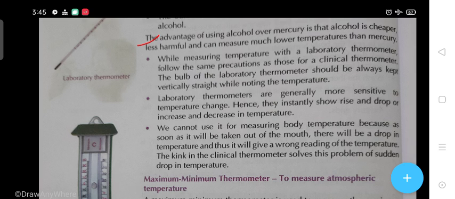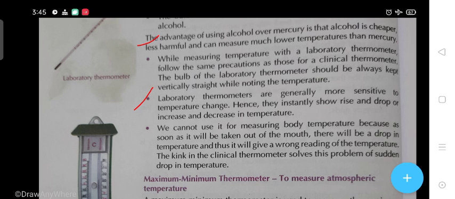And while measuring the temperature with a laboratory thermometer, follow the same precautions as those for a clinical thermometer. Students, you have to follow the same precautions when you are using either the clinical or the laboratory thermometer. The bulb of the laboratory thermometer should always be kept vertically and straight while noting the temperature.